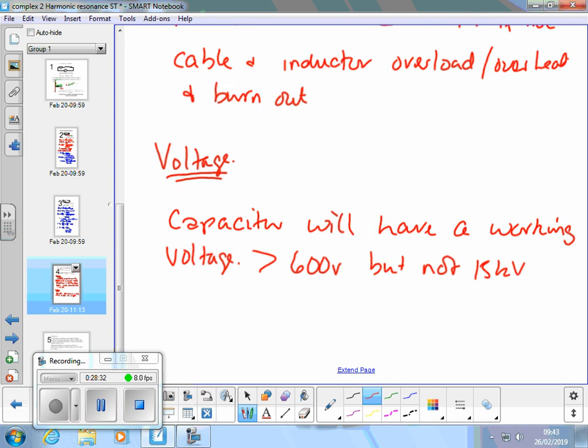Therefore, dielectric breakdown. Capacitor destroyed.